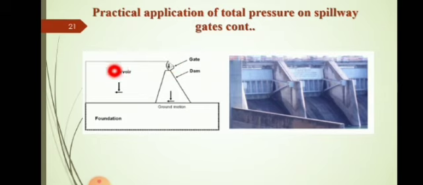The water stored behind the dam exerts a force on the spillway gate, and we have found the equation for finding the force that acts on the spillway gate. This spillway gate is operated to let the water from the reservoir flow downwards safely, and this is an actual photograph of a spillway gate. On the side you can see the arrangement for opening the spillway gate.